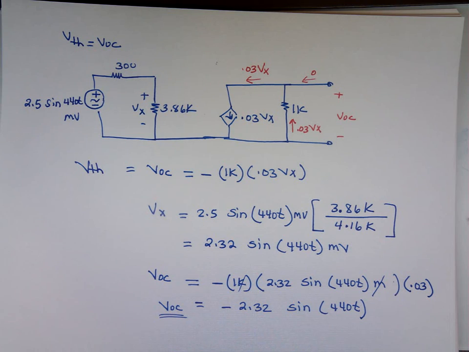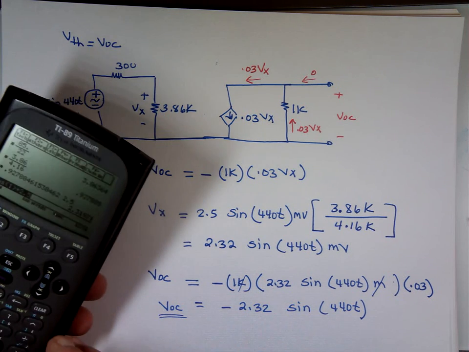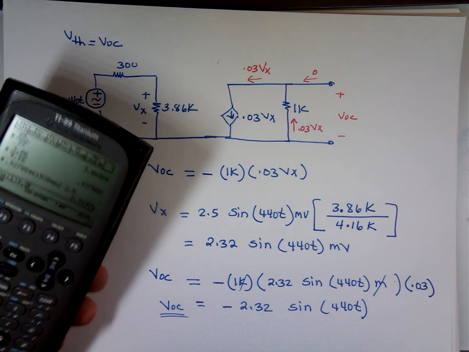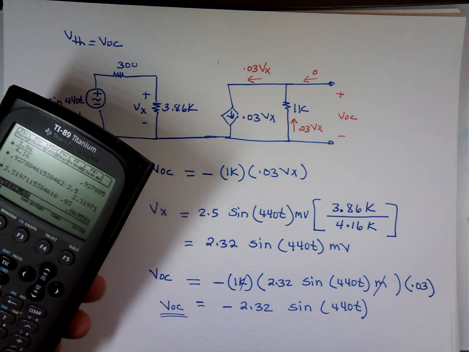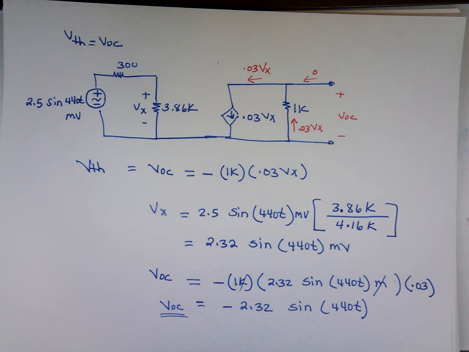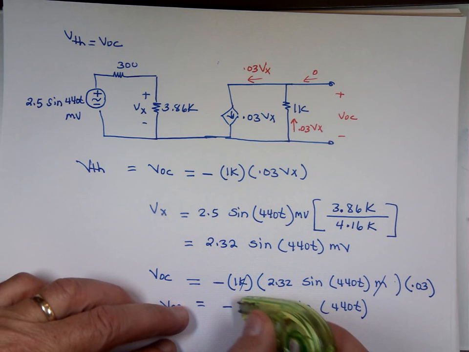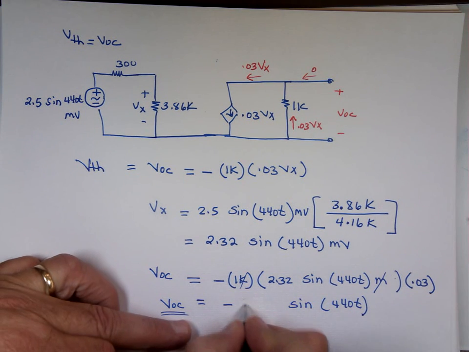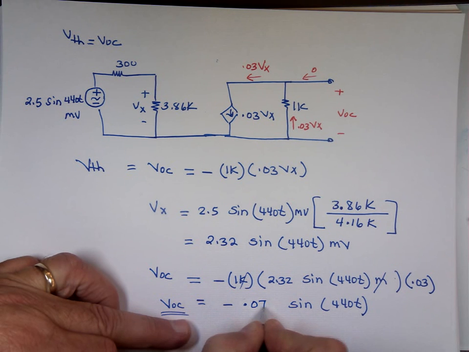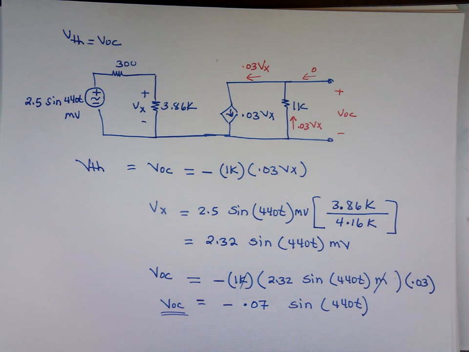So we take that number times 0.03, 0.07 maybe? I forgot about it. I was too excited about Vx and the 1K, the K's and the millis cancel, I forgot the 0.03. 0.07 negative.